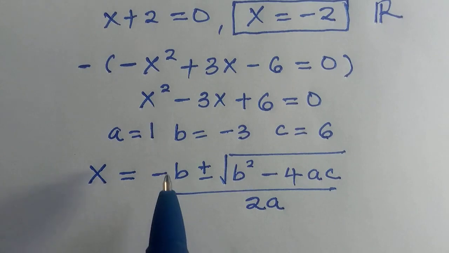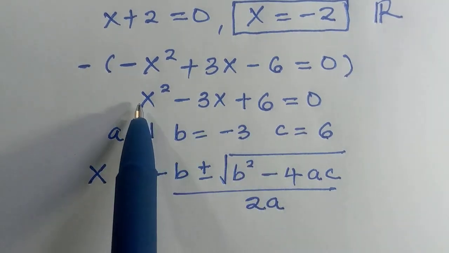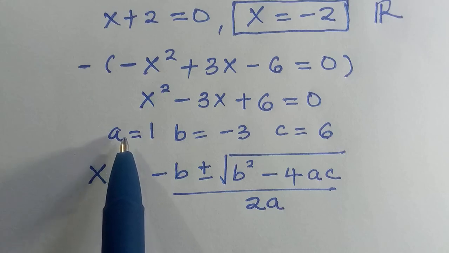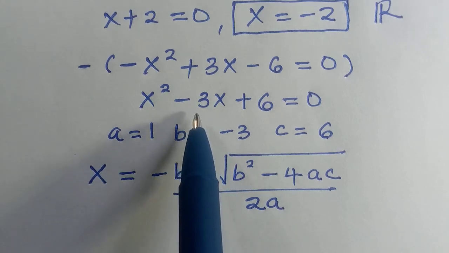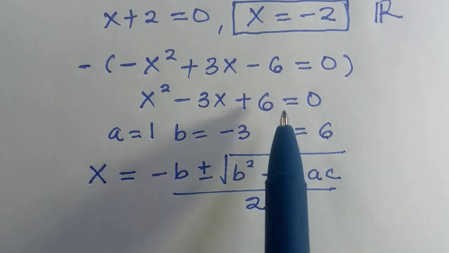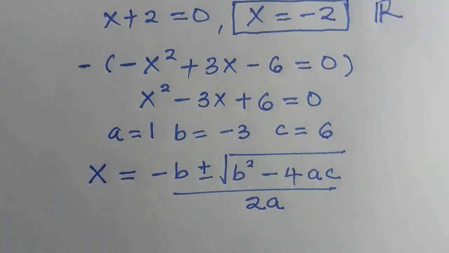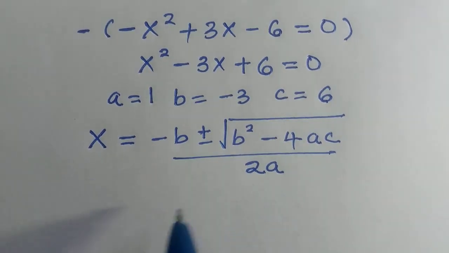Okay, so we get all this from this. Coefficient of x squared is a, which is 1. Coefficient of x is b, which is minus 3, and c is a constant value. So let's plug all these things in this equation.